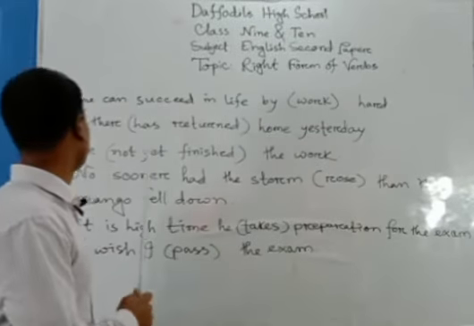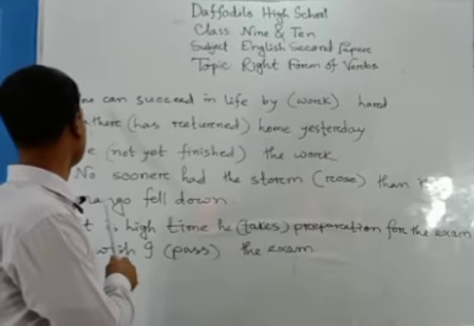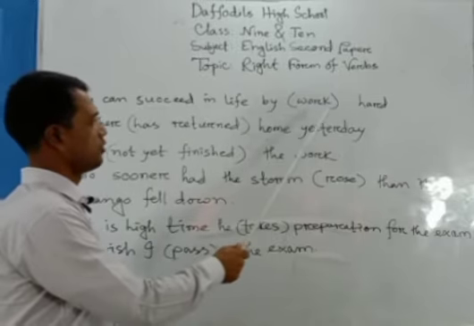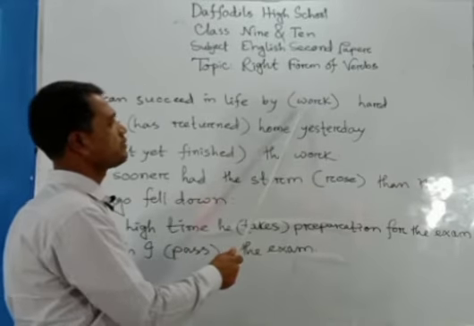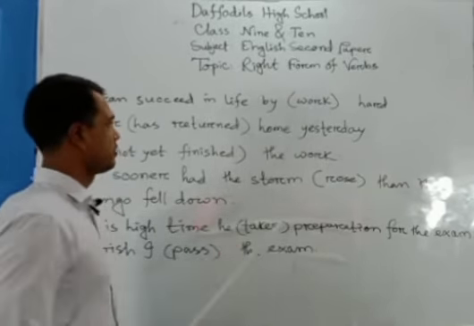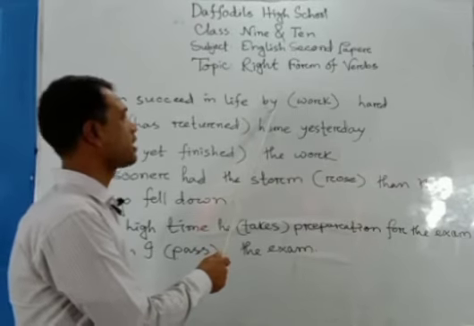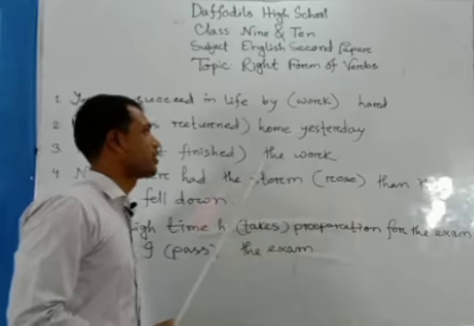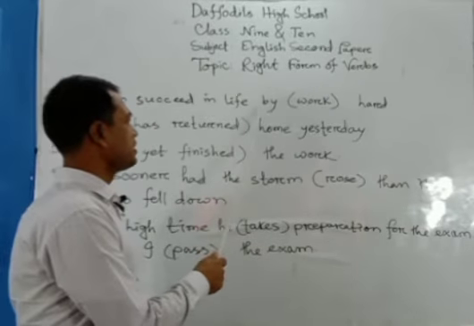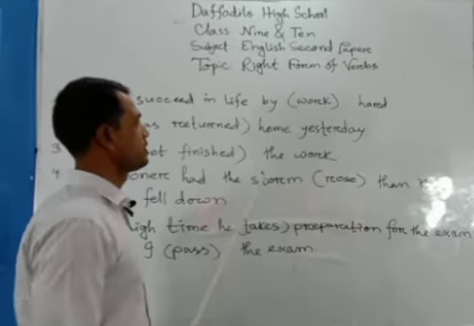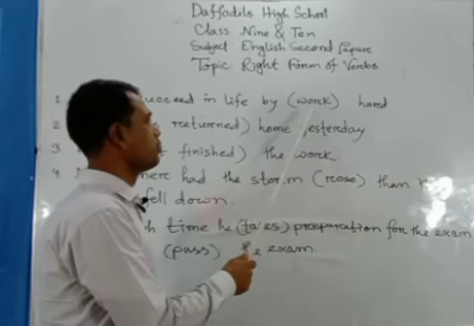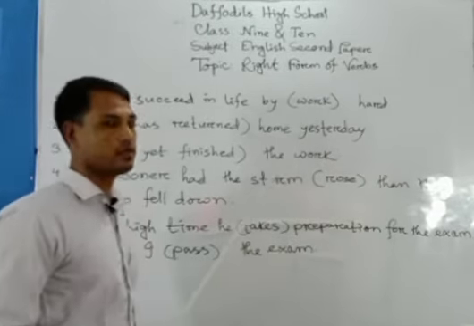Here, the first sentence, you can see that you can succeed in life by work hard. This pattern of verb is incorrect because a preposition by has taken a place before this verb. As a preposition is existing before this verb, it will take ing with it.